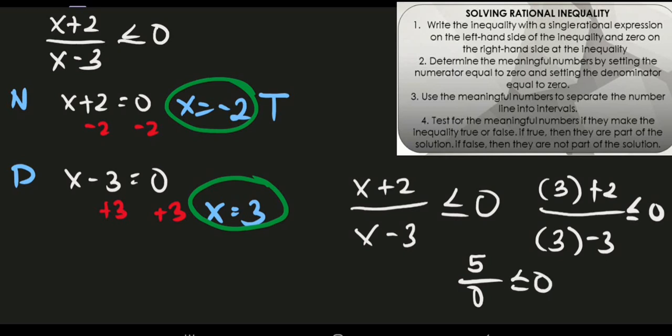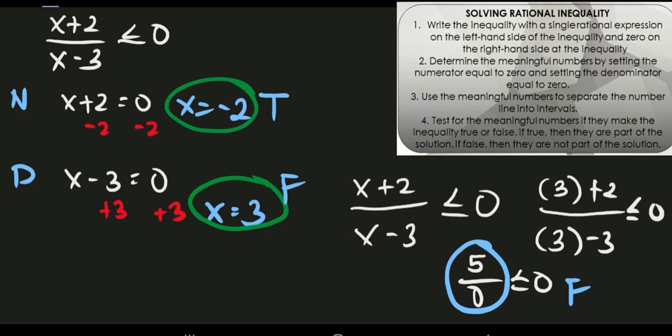Now let's test. According to the rule of fractions again, if the denominator is equal to 0, automatically the entire value of that fraction or expression is undefined. So if that is undefined, automatically this given relation is a false statement. Therefore, the meaningful number for the denominator is not part of our solution. Okay, that is our step number 2.